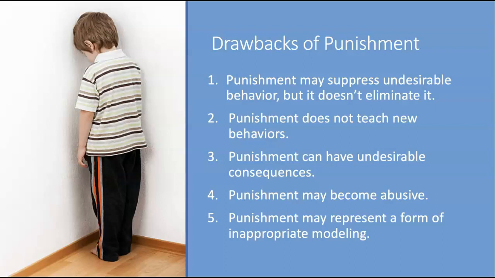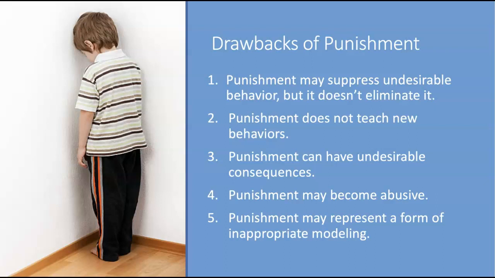If parents simply punish them for that, maybe that stops the child lashing out. Maybe it reduces the likelihood of them hitting other people, but it's still not teaching the child how to then deal with those difficult emotions in the future. And as a result, what you'll most likely see in this scenario is the child will then internalize those emotions. They won't express them anymore because they're too scared to.